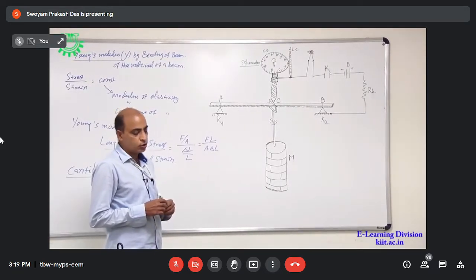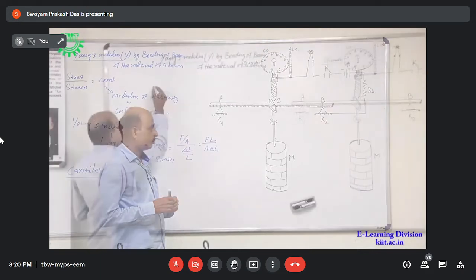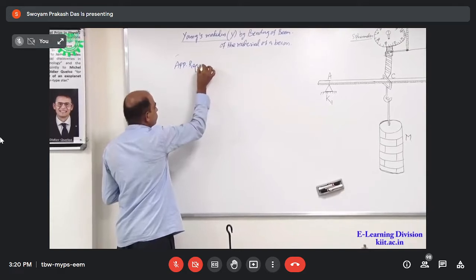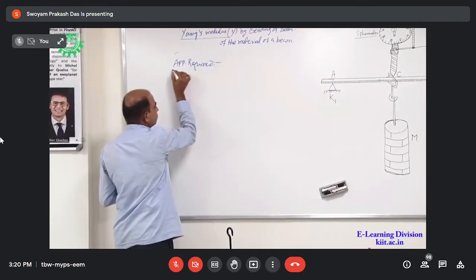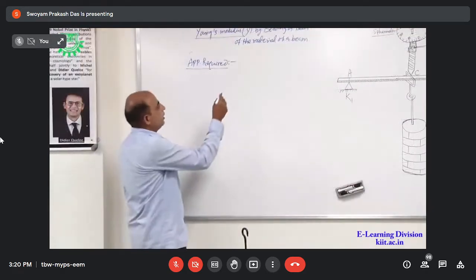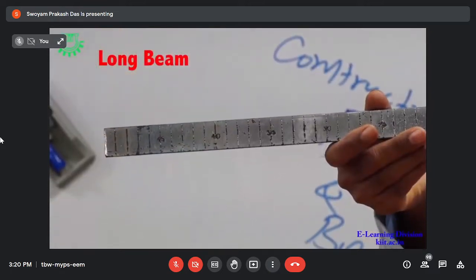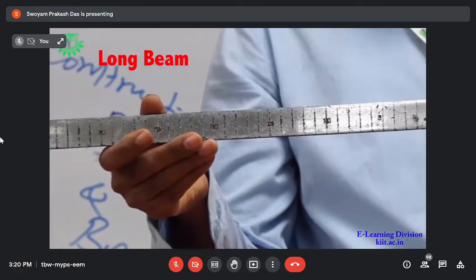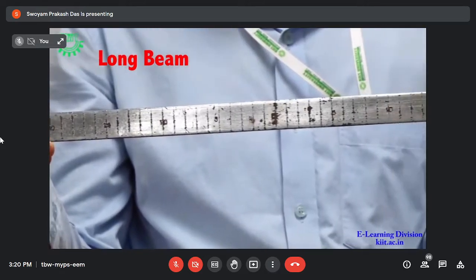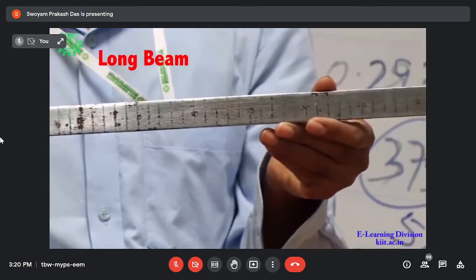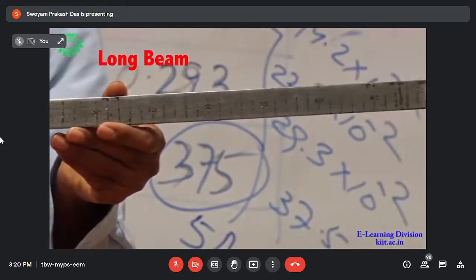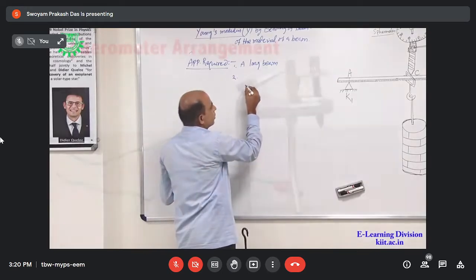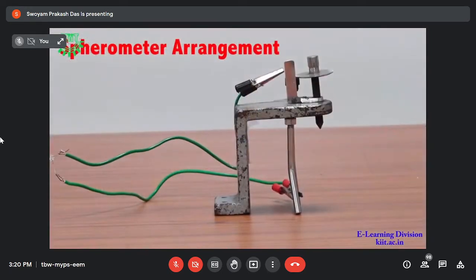So this is our objective of the experiment. What apparatus do we require in this experiment? Next is apparatus required. Number one, a long beam. Number two, that is spherometer arrangement.